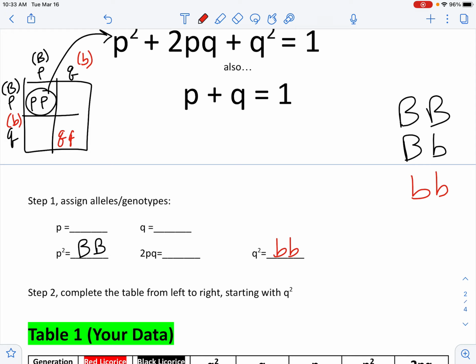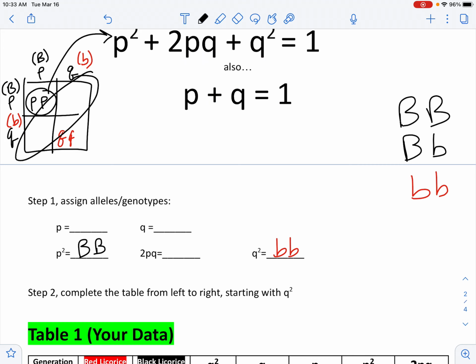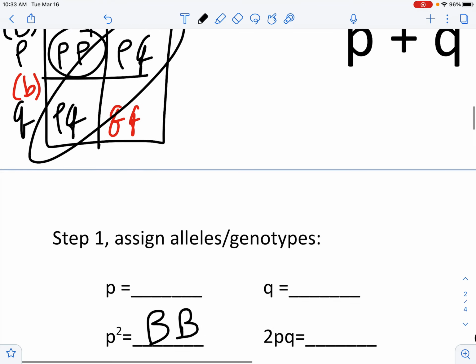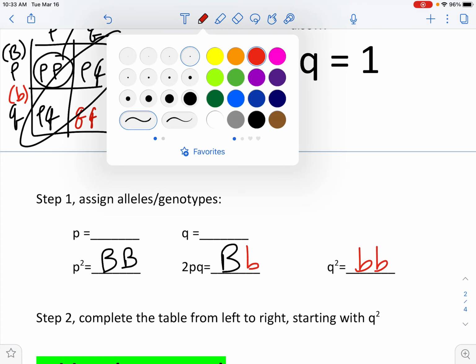And then this intermediate here, 2PQ, would basically be this hybrid offspring where it's PQ, or another way to say that would be big B, little b. So 2PQ is saying that there's two of those Punnett square boxes that are big B, little b. And so that'd be the genotype there.